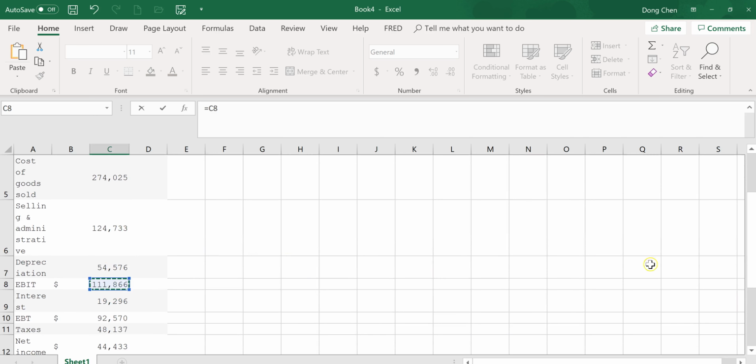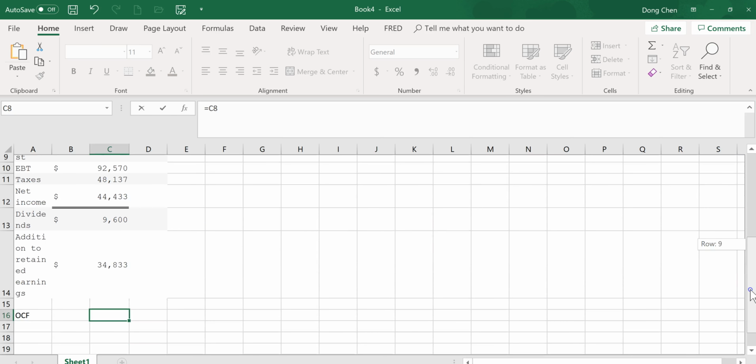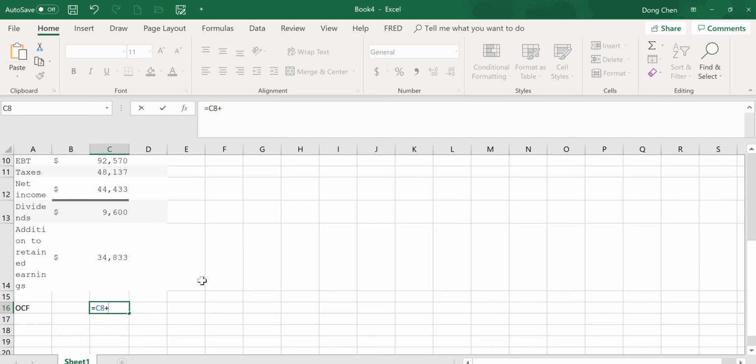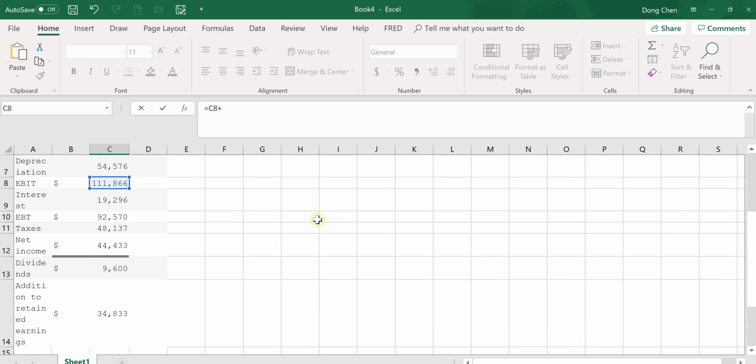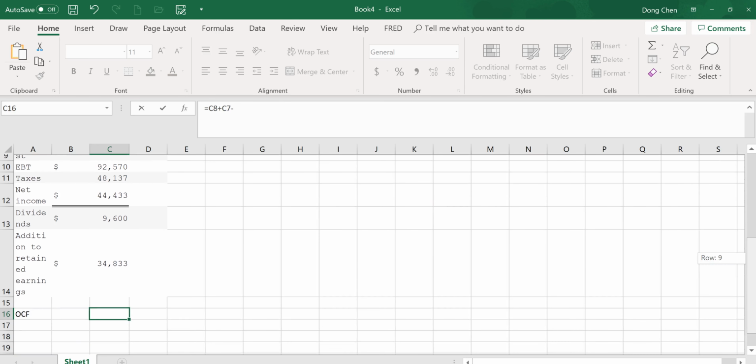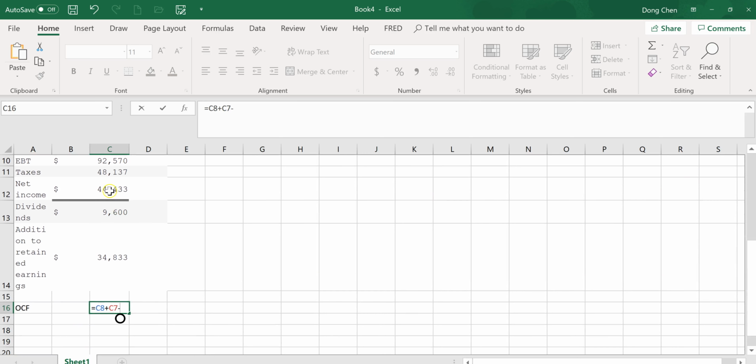EBIT is right here. This equals EBIT. Add back the depreciation. Depreciation is right here, and subtract the taxes. Taxes right here. So that's my operating cash flow.